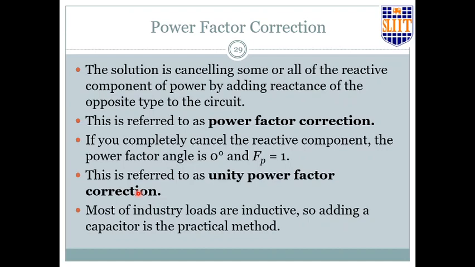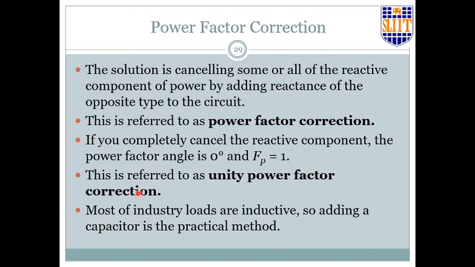The net load, therefore, because you knew earlier that you can treat reactive power and active power separately, with that knowledge we can see that the total load is inductive.